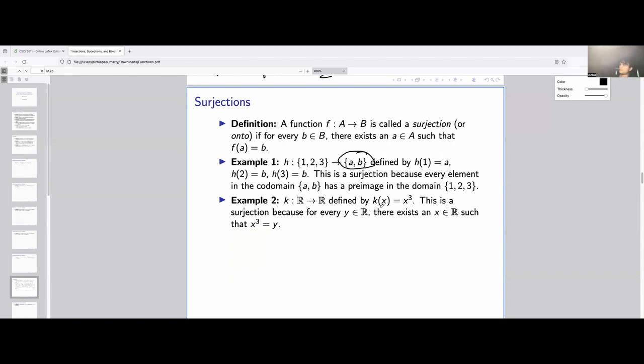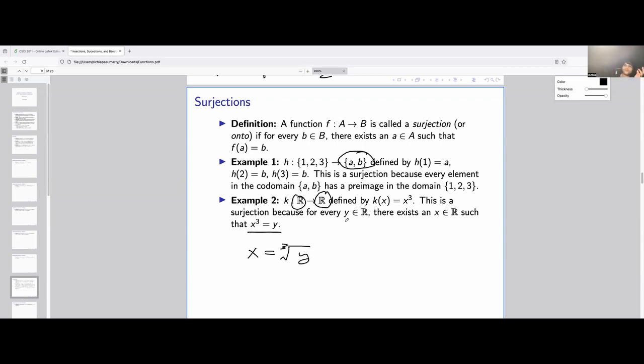So I have some function k, and they give us some equation. Okay, and this one is a surjection because for every value in the reals, I can find something which maps to it, because there's always a solution to this equation. I can just say x is equal to the cube root of y.